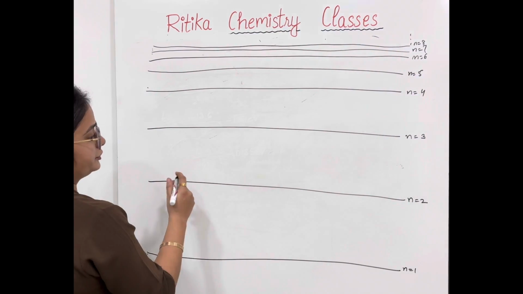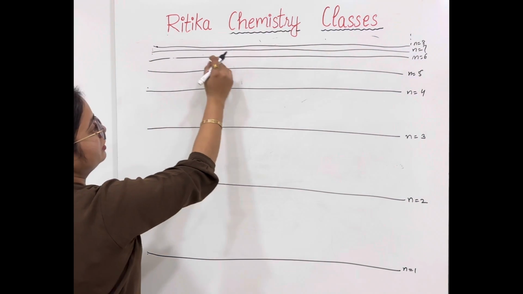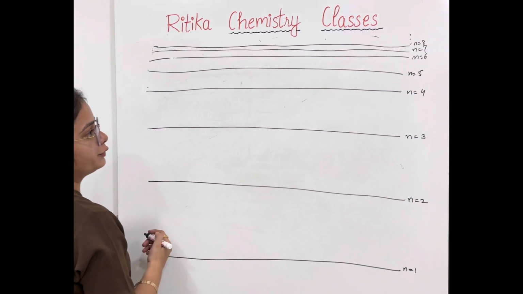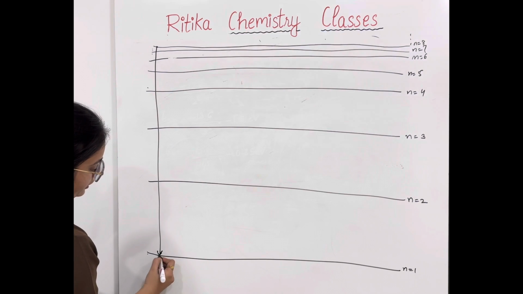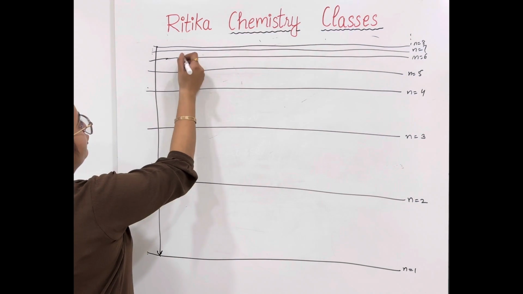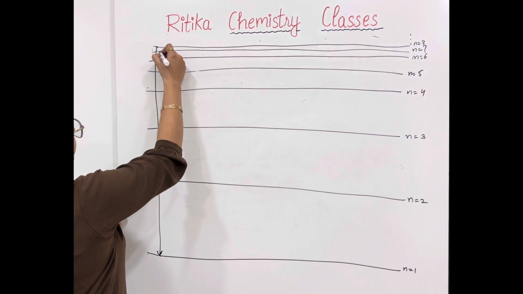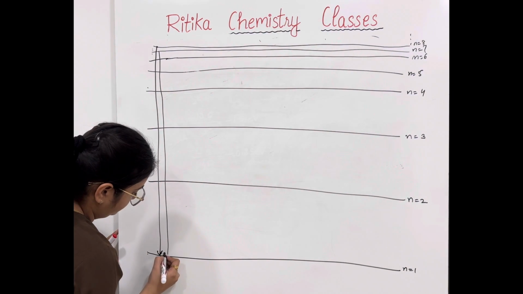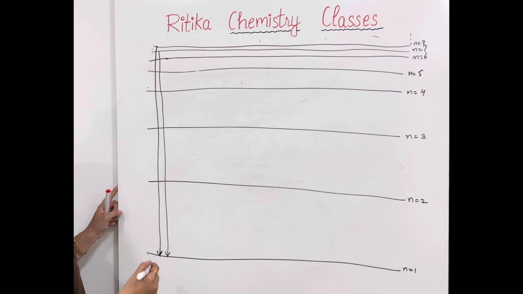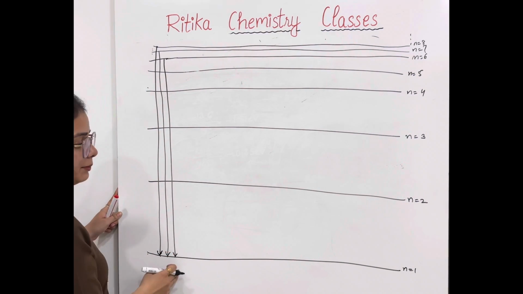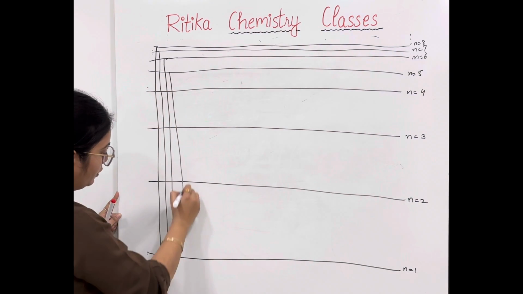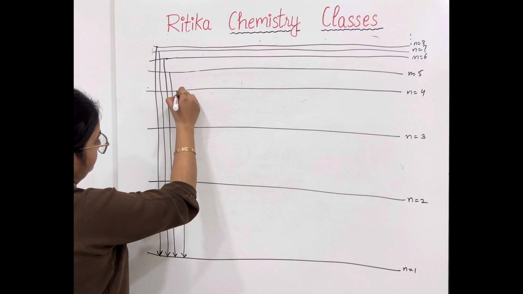Let's suppose the electron gets excited to n equals 8 and it comes back to n equals 1. Or the electron in n equals 7 comes back to n equals 1. Or the electron in n equals 6 comes back to n equals 1, or like this.